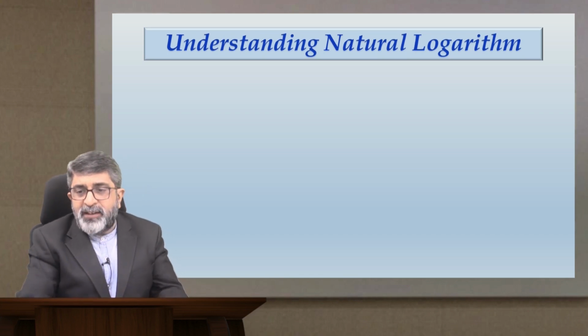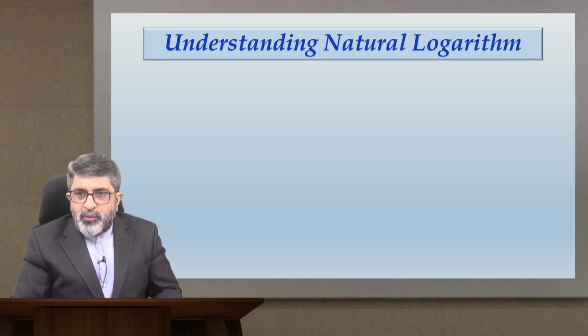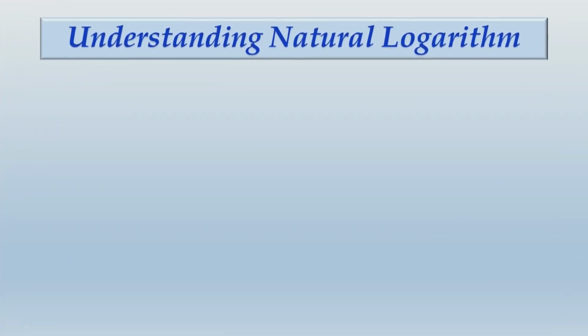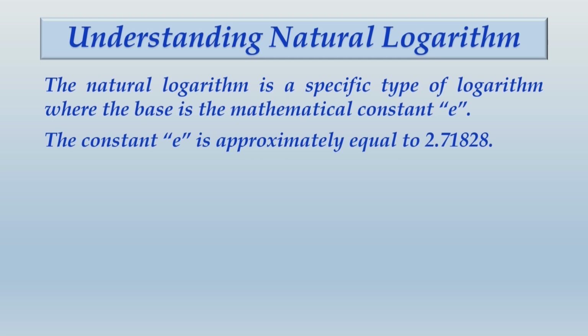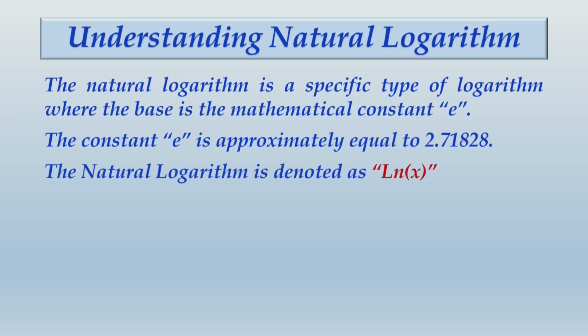So whatever I have discussed with you, let us just write it down systematically. Under the heading understanding natural logarithm, please write, the natural logarithm is a specific type of logarithm where the base is the mathematical constant, that is e. The constant e is approximately equal to 2.71828. The natural logarithm is denoted as ln of a certain number, so it is ln of x in this case.